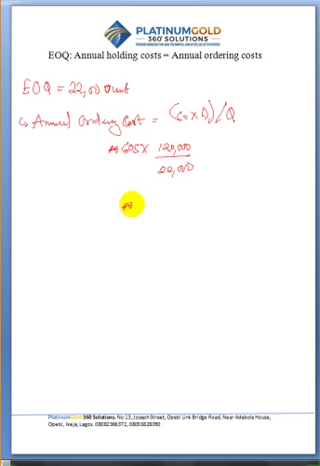So we have 605 multiplied by the number of orders, 5.45. When you divide these, whatever result you get, multiply it by 605. So it is 3,300. That's the ordering cost.